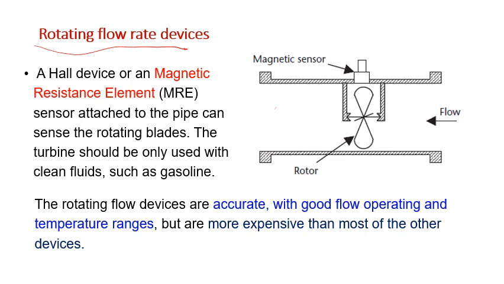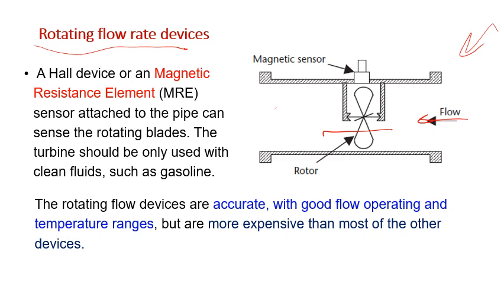In the differential pressure method we discussed earlier, the flow is converted to differential pressure, and the differential pressure sensor will convert it to electrical. Here, the flow is going to be converted to a rotating part. So how am I going to convert it to an electrical signal?